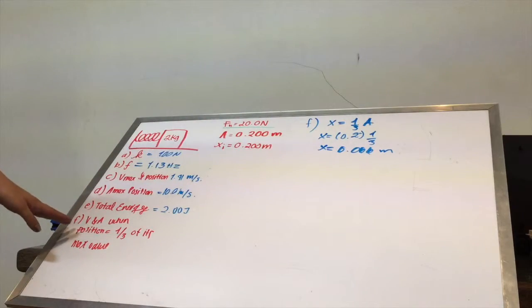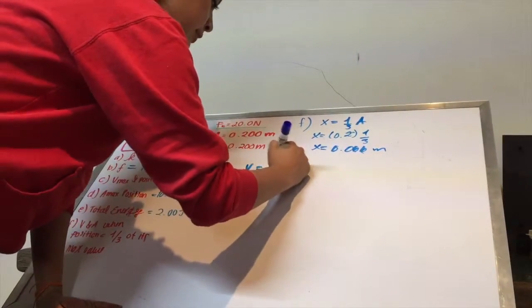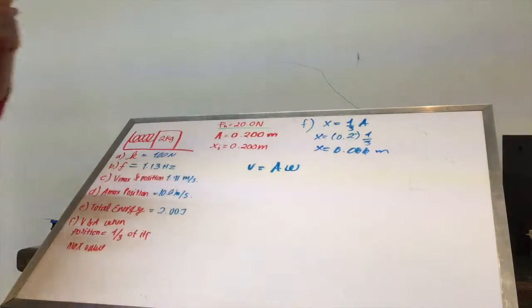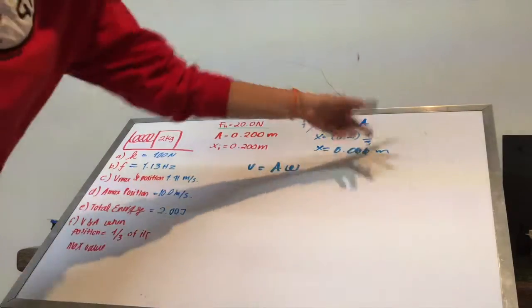Afterwards, we take our velocity formula, velocity equals amplitude times omega, but the amplitude term will vary because of the new 1/3, right?